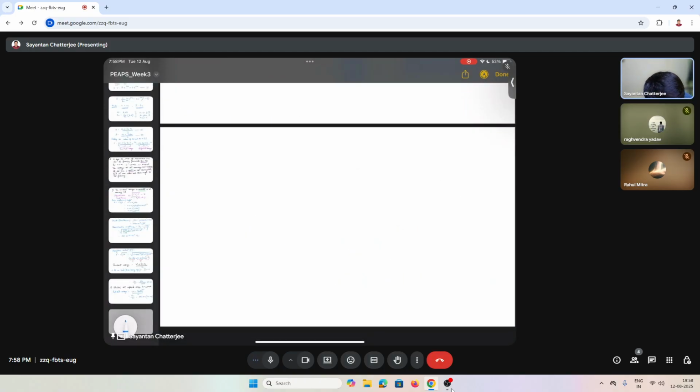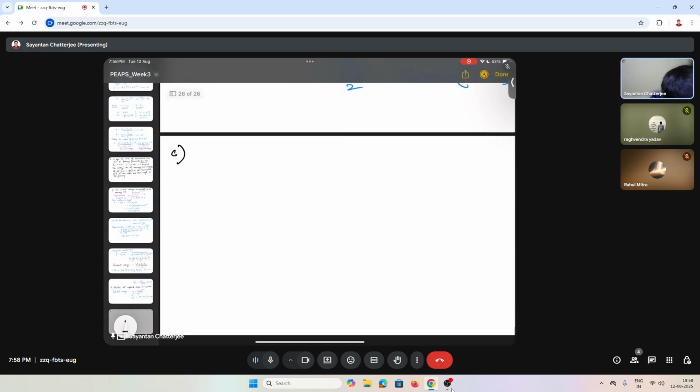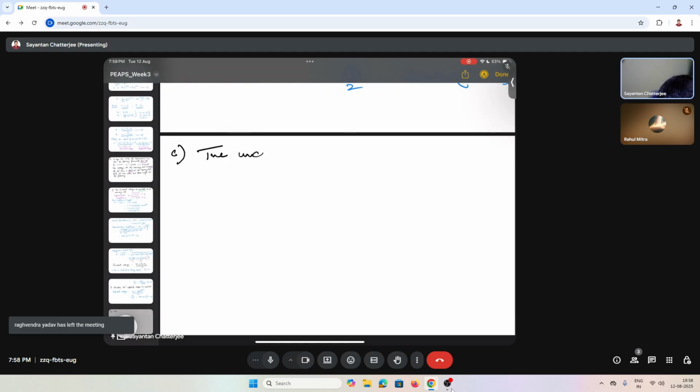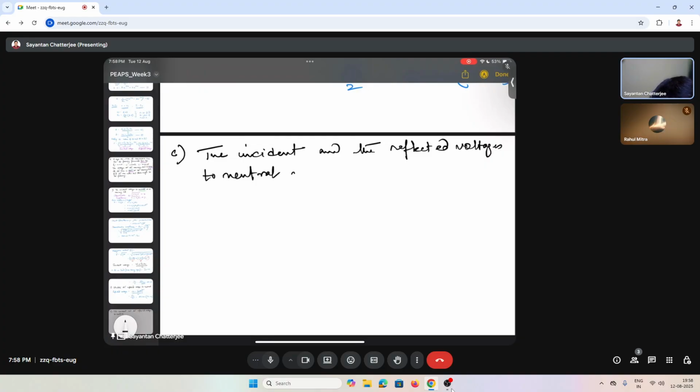For the third question, for these questions, you need those values A, B, and C. So the question is the incident and the reflected voltages to neutral at 120 kilometers from the receiving end.